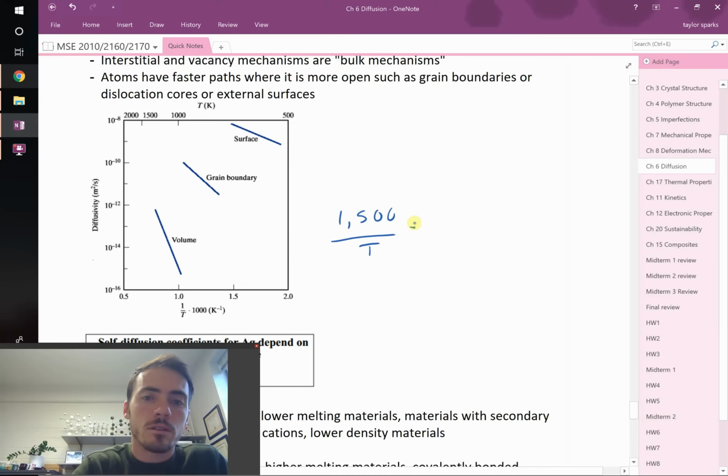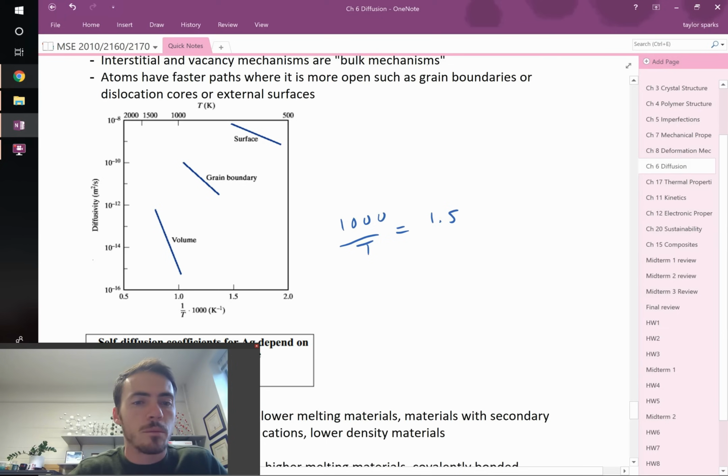Let's see. I'm sorry, I messed that up. 1,000 divided by your temperature equals 1.5. So you could solve for your temperature that way, okay? And it'll be somewhere between 500 and 1,000, okay? So if that's the first time you're seeing those, that's what they're doing there. It's a bit odd, and they'll do it different ways, but it's generally like that, okay?